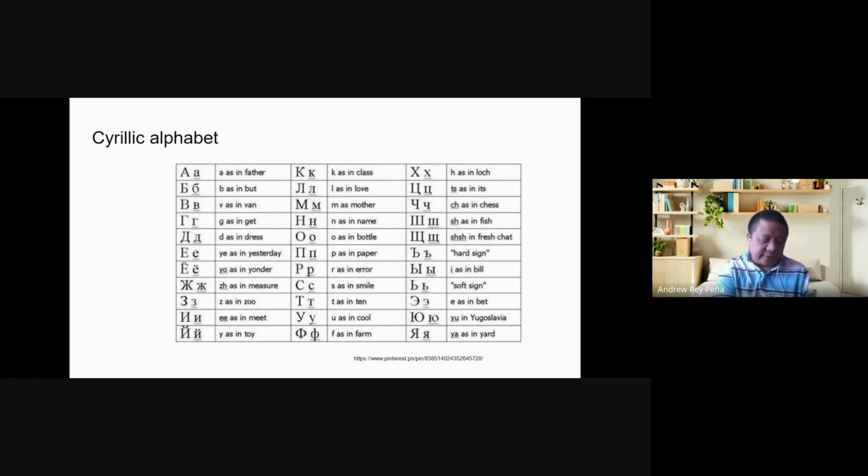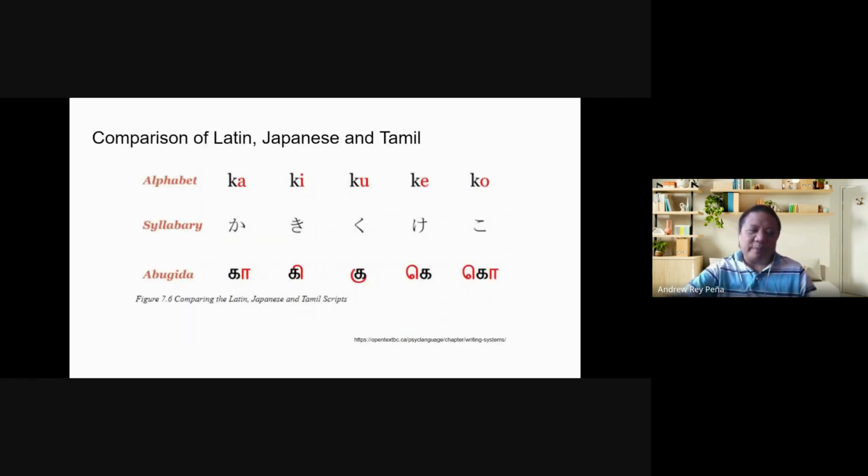There are other symbols that were added in order to accommodate sounds in Slavic that are not found in the Greek alphabet. Okay, so here's a comparison of alphabet, syllabary, and abugida.